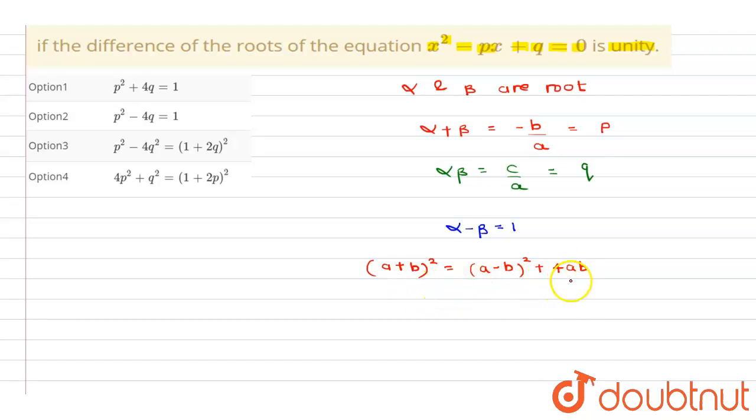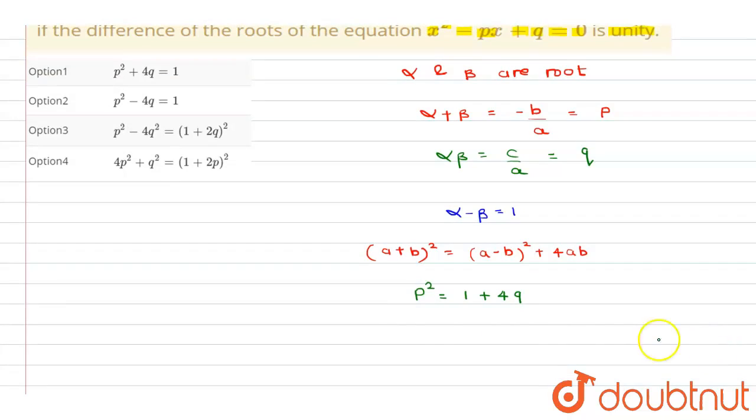Using this formula, we can write alpha plus beta whole square, which is equal to p square, will be equal to alpha minus beta, which is 1, square, which is equal to 1, plus 4 into alpha into beta, which is equal to 4q. This is what we get.